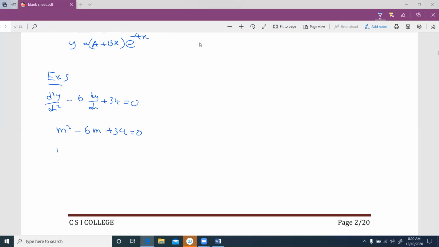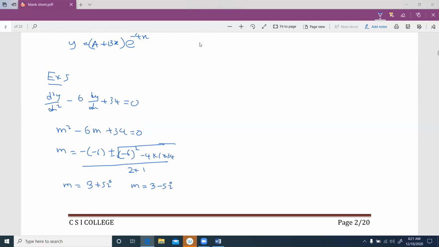If you work out, m equals minus 6 plus or minus the square root of (minus 6 squared minus 4 times 1 times 34), divided by 2 times 1. So m equals 3 plus 5i is one solution, and the other is m equals 3 minus 5i.